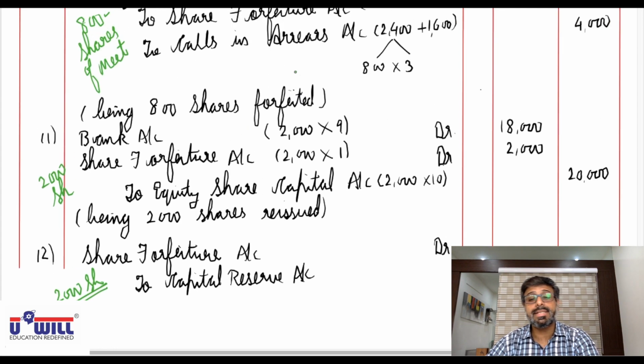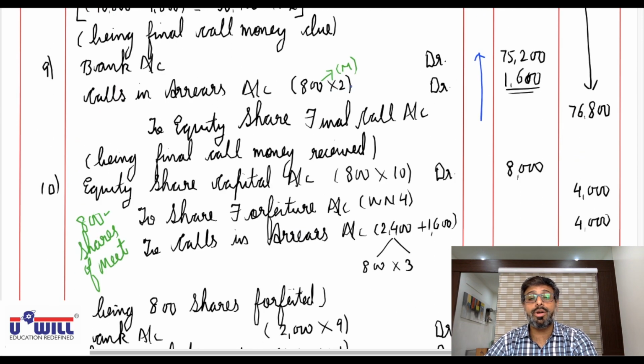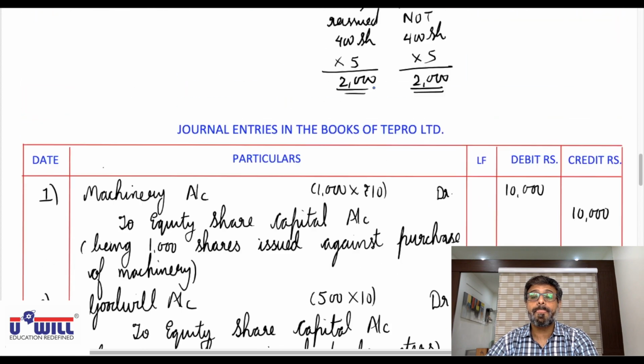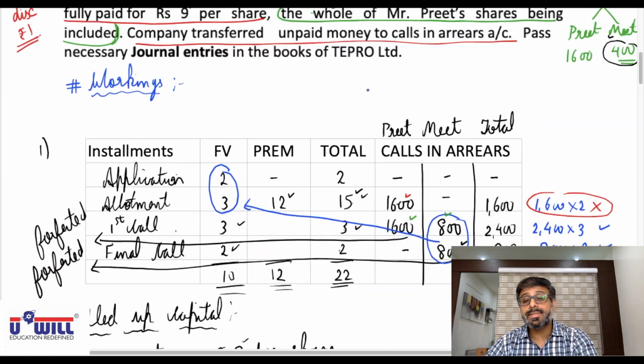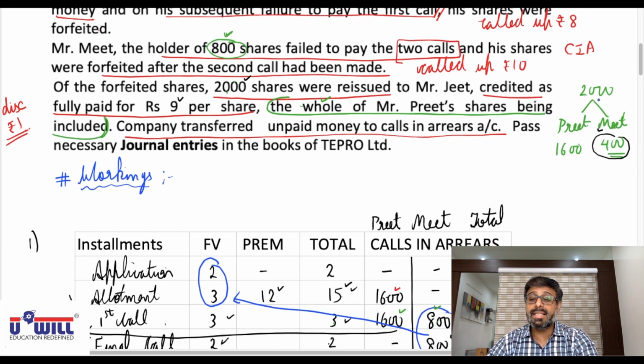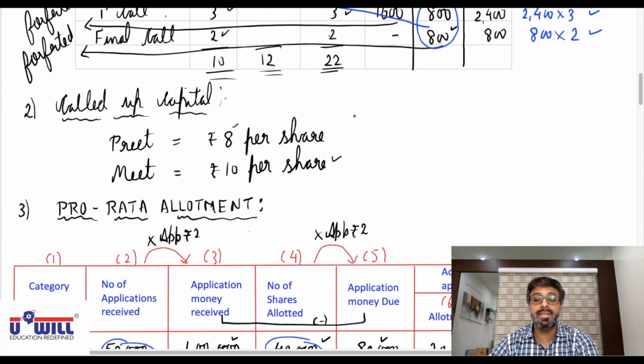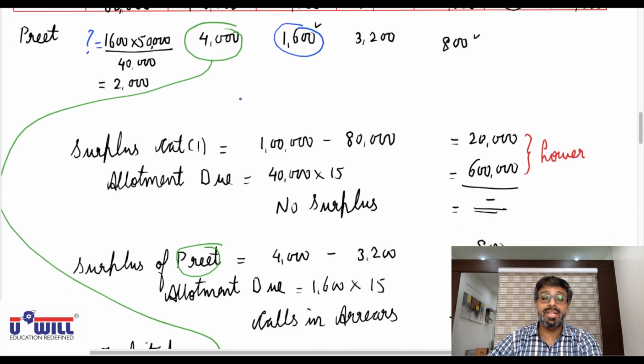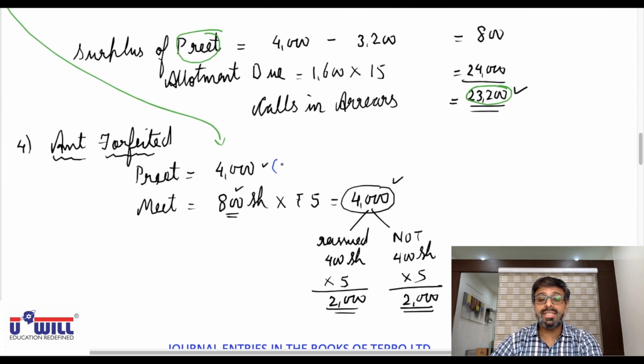The formula is amount forfeited on reissued shares. So here we discussed that in the 2000 shares which are reissued, the whole of Preeth's shares are included, means in that 2000, 1600 are of Preeth and only the remaining 400 are of Meet. So what is the amount forfeited on these 2000 shares? On 1600 shares of Preeth, the amount forfeited is 4000.